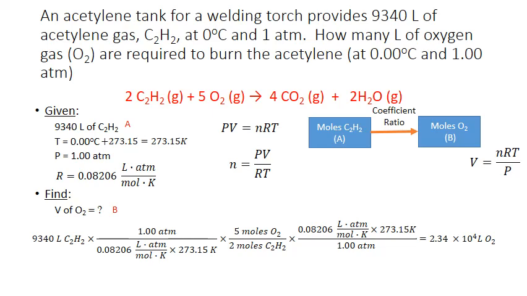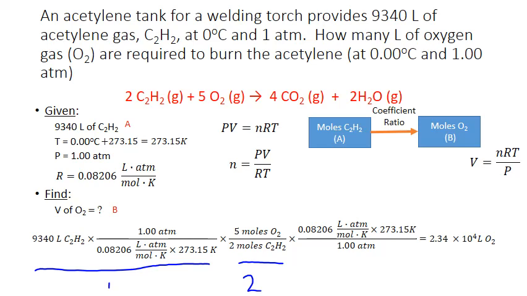It's just written together. So the first step we did was to convert liters of acetylene into moles of acetylene by multiplying our volume times the pressure divided by the ideal gas constant and divided by the temperature in Kelvin. That gave us moles of acetylene. We then took the result of step 1 and multiplied it by the coefficient ratio from the balanced chemical equation in step 2.